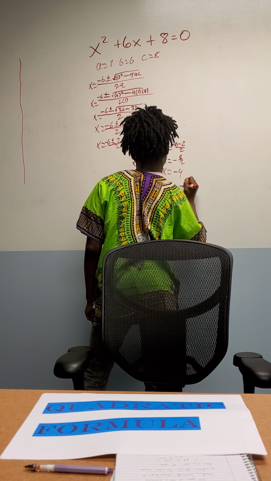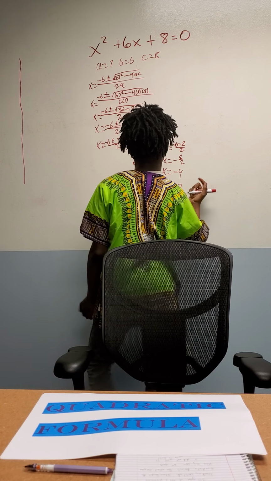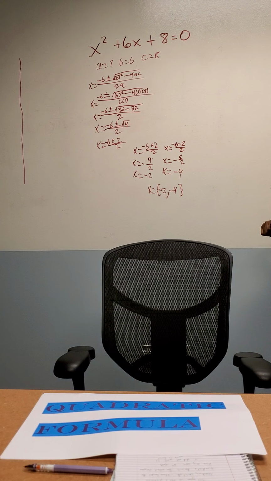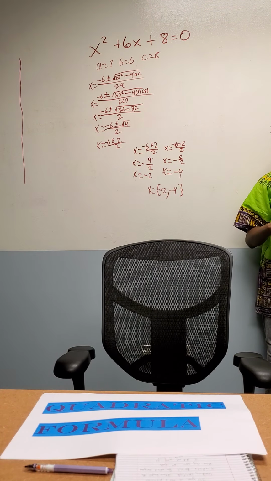But what I've noticed is that it took an hour, and we did all this in an hour. So he has x equals -2 and x equals -4.